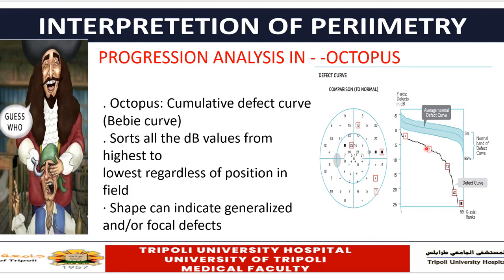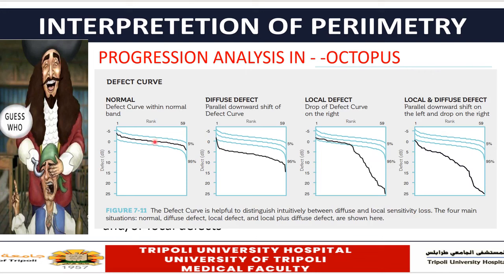So we can see different scenarios as in this slide. This is normal, where the patient's data coincides with the normative data, and it might be a generalized downward shift of the curve, which indicates generalized depression in the retinal sensitivity.